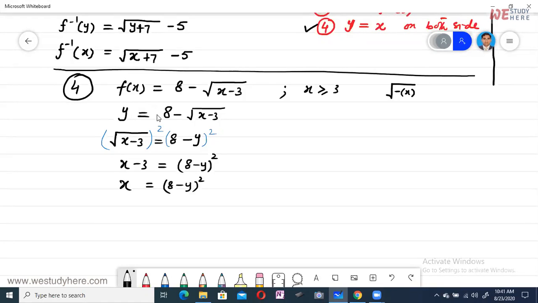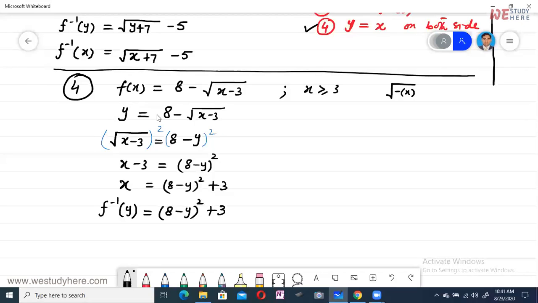This minus 3 on the other side will be plus 3. Now x is the subject. Next step we will replace x with f inverse of y. Then 8 minus y whole square plus 3.